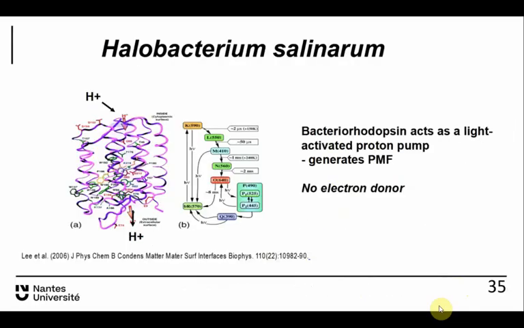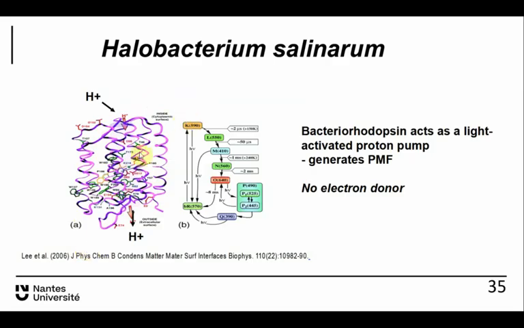Okay, so how do these photosynthetic systems work? Bacteriorhodopsin, which is in Halobacterium salinarum, is a 7 transmembrane helix protein, which has a pigment on the inside of the pore across the membrane. And it functions as a proton pump. This is the cytoplasmic phase, and this is the periplasmic phase.